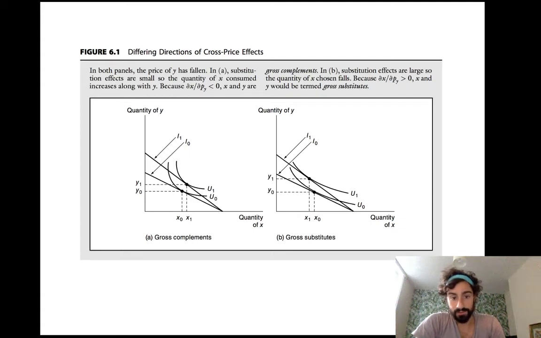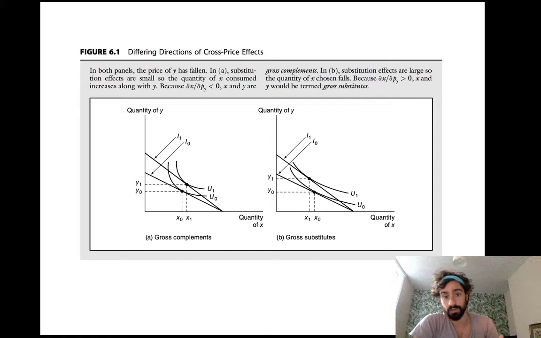We move now to the larger budget set, where we've decreased the price of Y, and so now more things are affordable than they were before. And we see that here we lie on a new indifference curve, U1, and the point is that the consumption of Y has increased, right? So Y1 is higher than Y0.